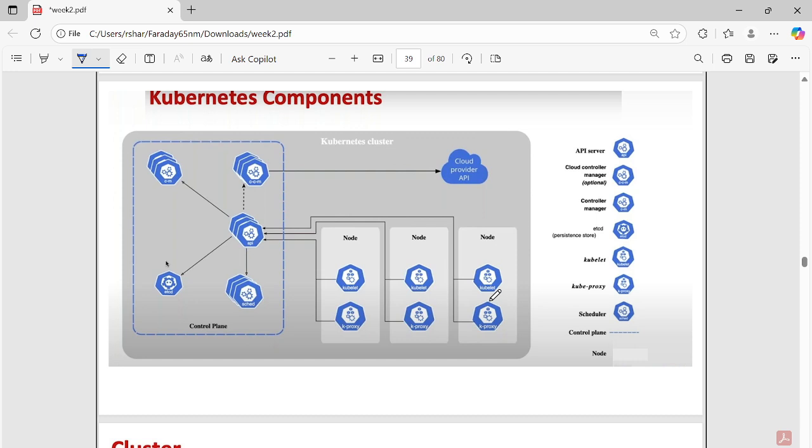So the components of Kubernetes. We assume that, say, we have a cluster and we want to deploy Kubernetes onto it.